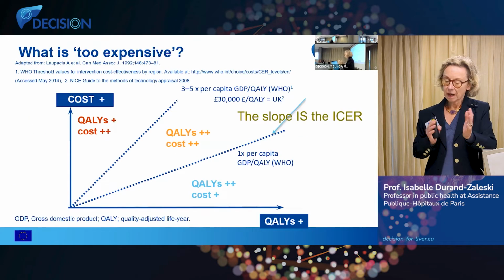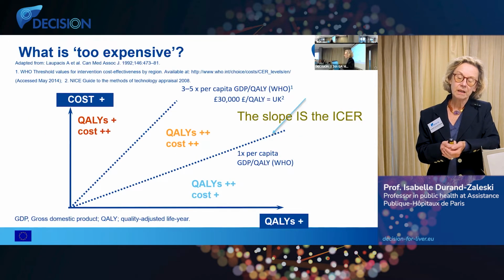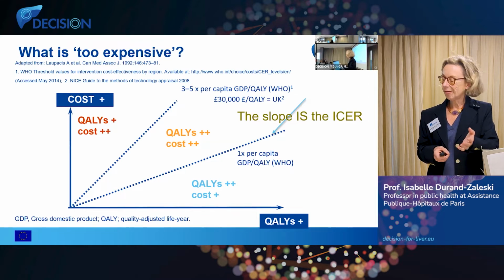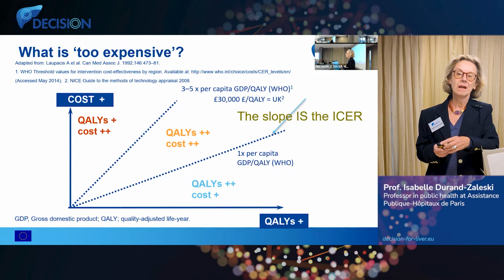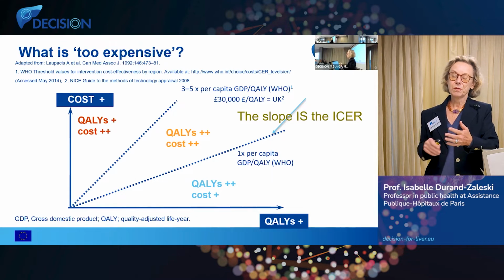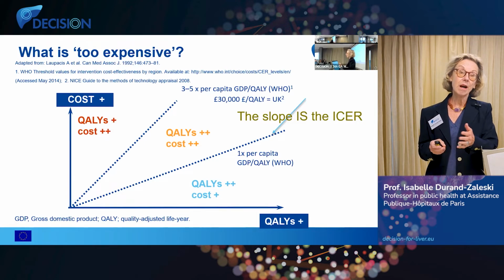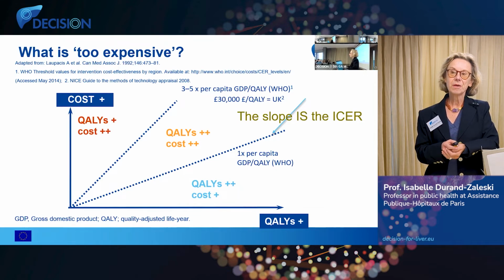So now I've enlarged the upper right. And so this is the answer to a question or a comment you sometimes hear when people talk about health economics and the value of life and how much should I pay. There are answers provided by the World Health Organization and by the National Institute for Health and Clinical Excellence, for example.